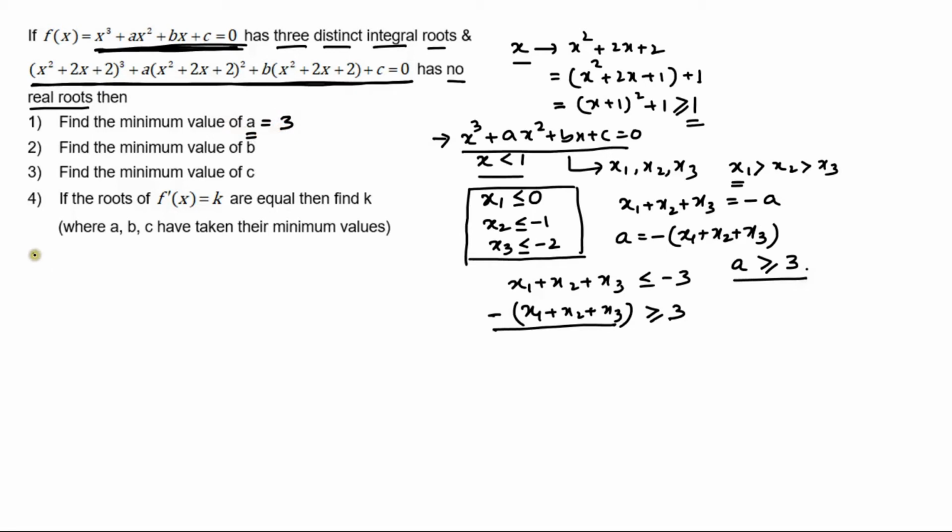Okay, now what about b? b is the sum of the products of two roots taken together: x1x2, x2x3 and x1x3.